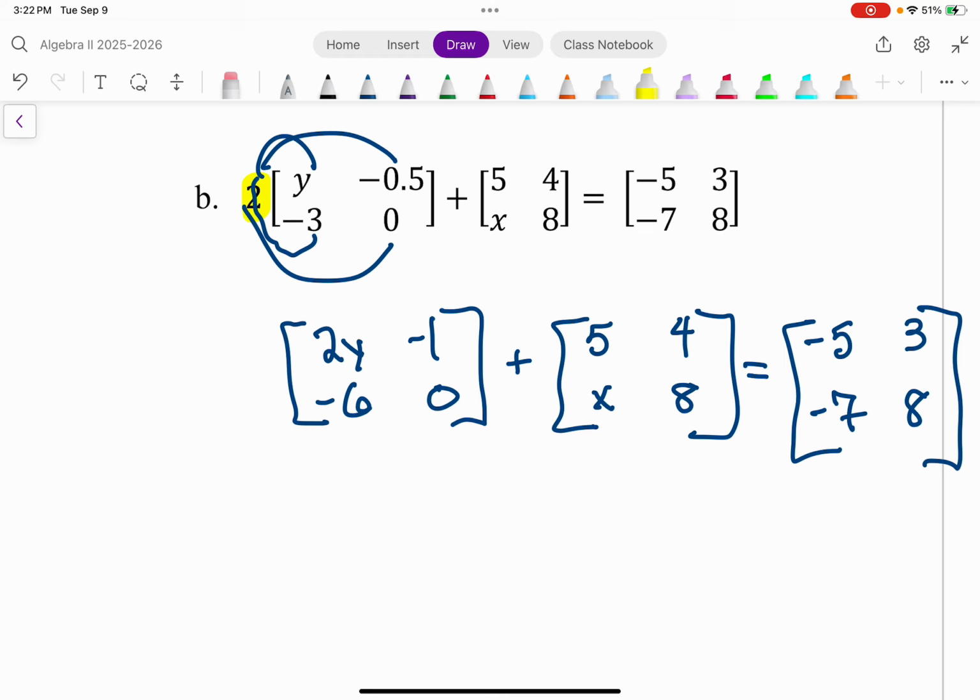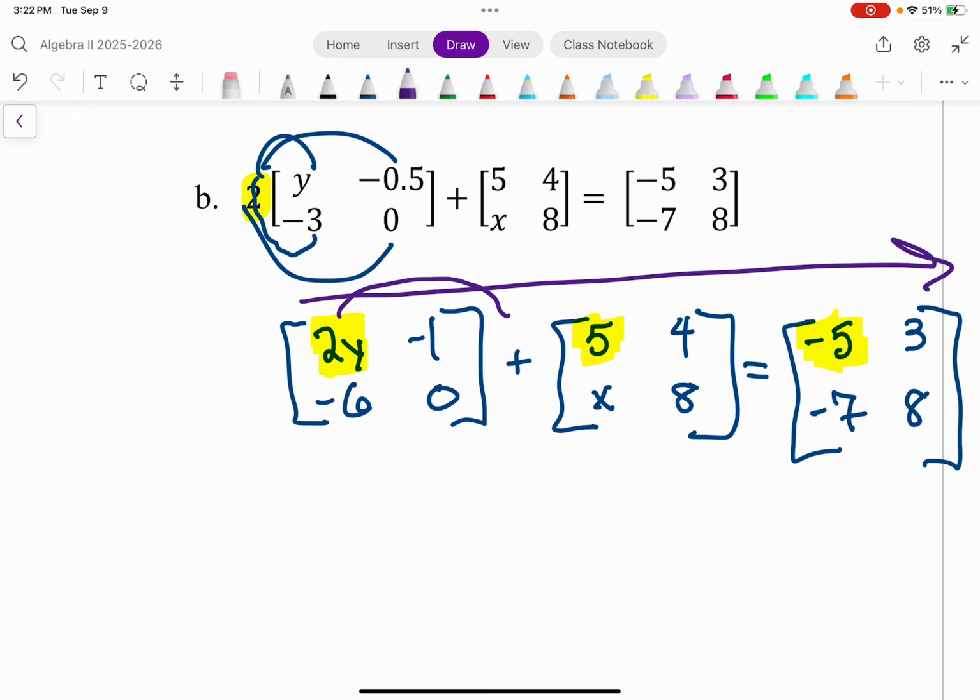Okay, so we know the two on the left side, when they are added together, are going to equal the matrix on the right. We are still going to be identifying the parts that are in the same location of our matrix. So row 1, column 1, we have a 2y, a 5, and a -5. When we set these up, we are going to follow the same order that they show up. So we're going to start with the 2y, and then we're going to put a plus. So 2y plus.